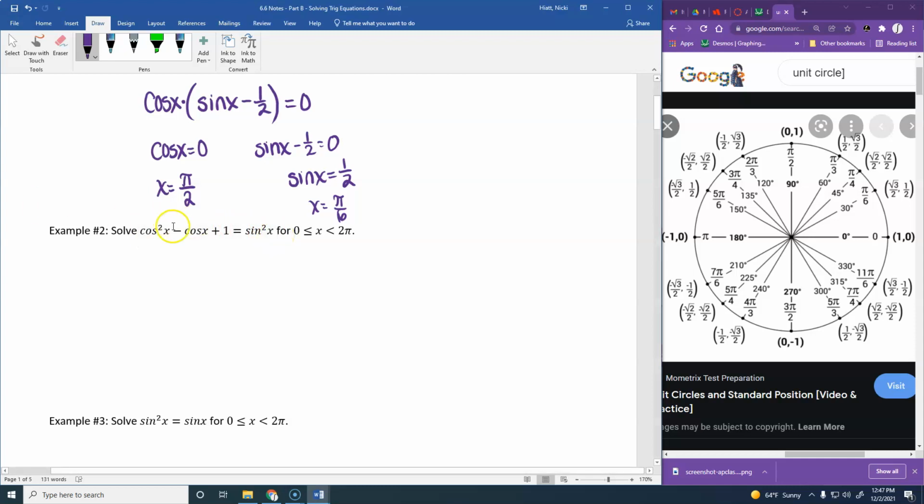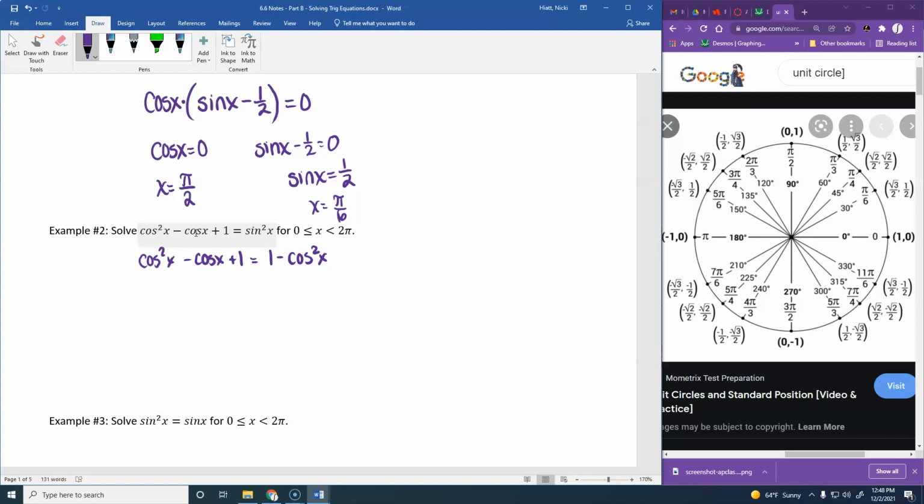The reason is I got this cosine right here that's not squared. So I can't do anything with it. It has to stay cosine. So if I do this, I'll have all cosines, which will help me out. So I'm going to have cosine squared x minus cosine x plus 1 equals 1 minus cosine squared x. And then in general, you probably are going to need to move everything to one side.